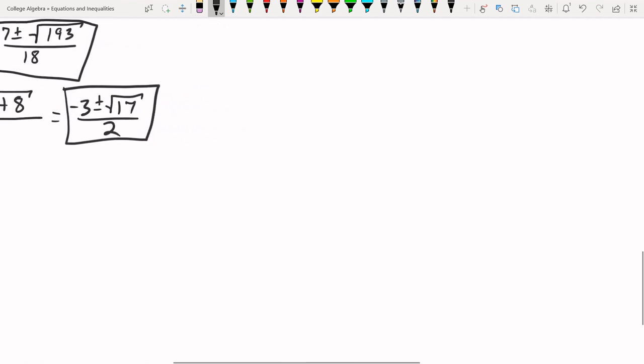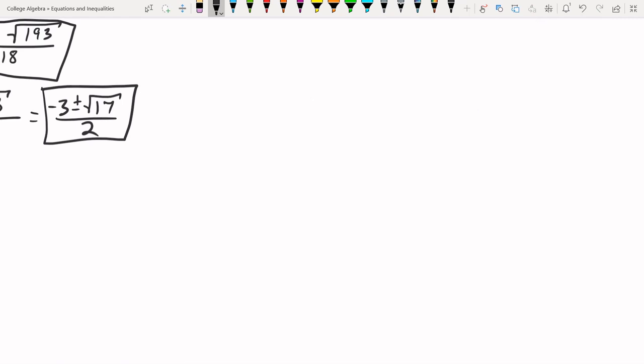For instance, if I had something like negative 4 plus or minus 8 root 12, all over 2.